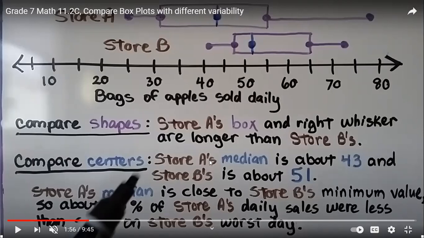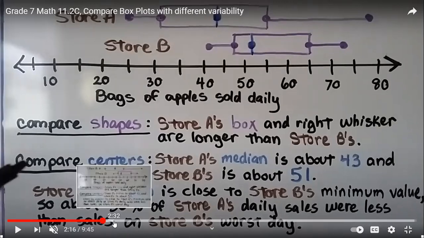Store B's least value was 43, but here the median was 43. So store B had a worse day. It didn't sell many bags that day. So again, if you want to compare between two boxes, we have to compare between what again? Shapes, centers, and spread, and median and range. Very good.